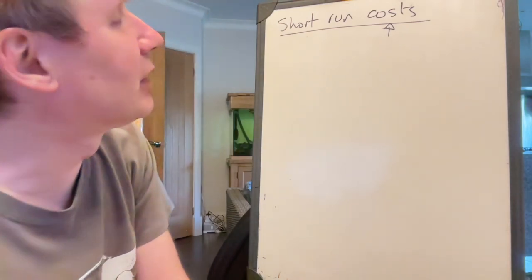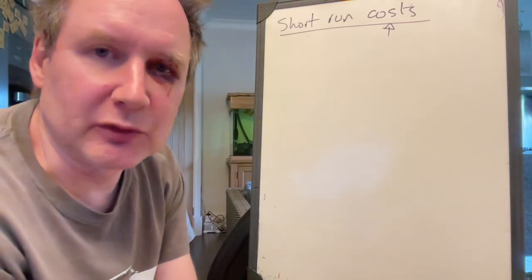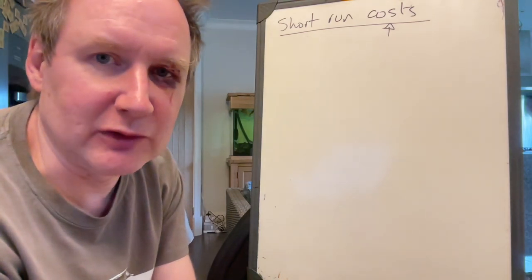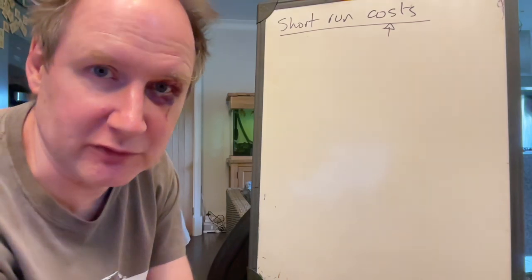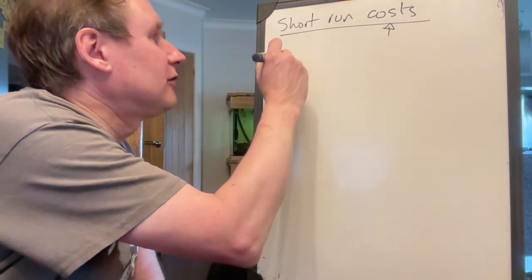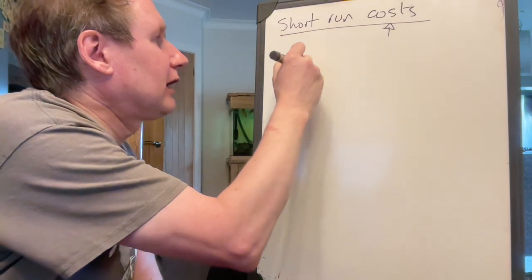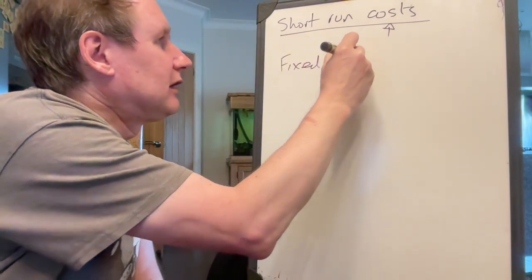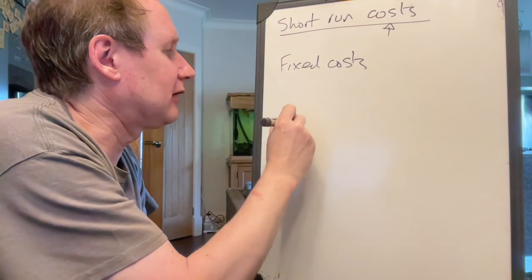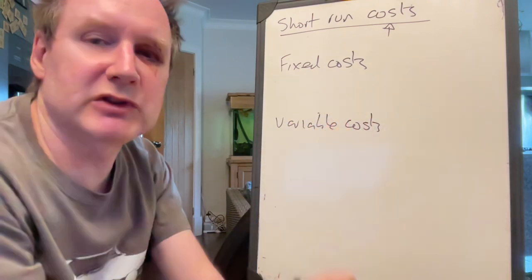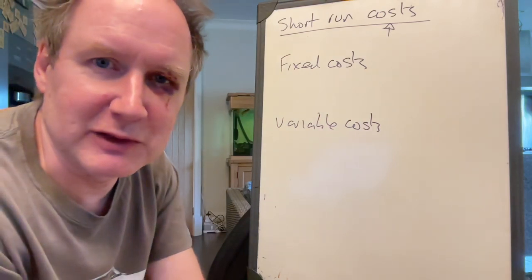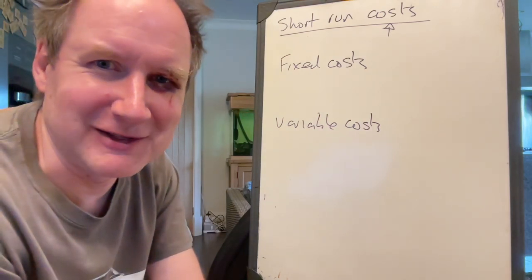So what we're going to do is look at what sort of costs firms have in the loosest of senses, and one important distinction, or division rather, is the difference between what are called, on the one hand, fixed costs, and on the other hand, variable costs. And these two terms are slightly misleading in the sense that fixed costs can change.